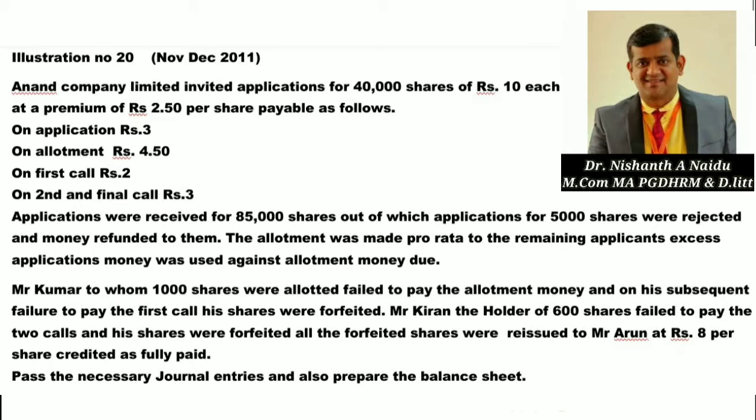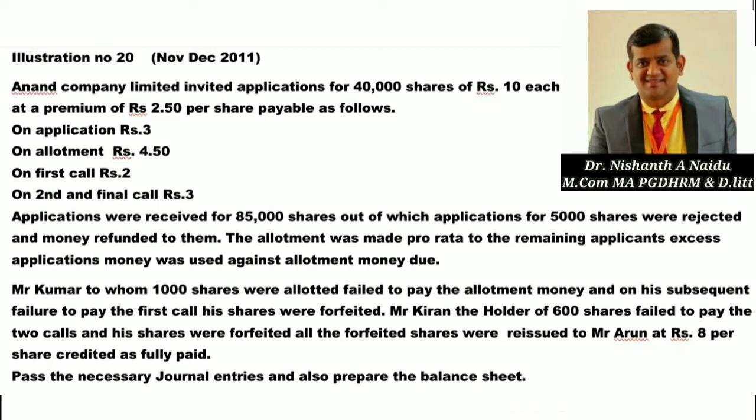See, total application received was for 85,000 shares. Out of which applications for 5,000 shares were rejected, so that application money has been refunded to them. The rest, 80,000 shares, has been retained in the company.